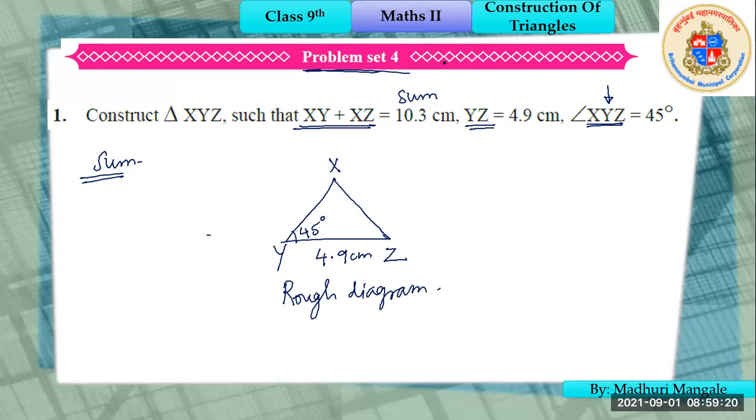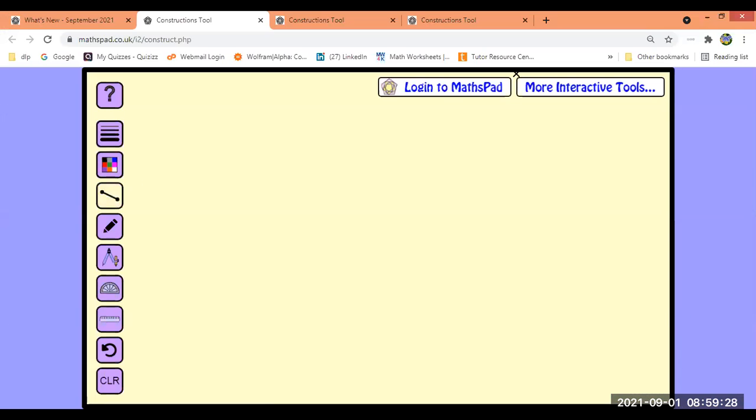So let us move on to do the constructions. Let us do it together, everyone. Be ready with the tools. You need a compass, a ruler, pencil, and protractor, right? Quickly looking back at the rough diagram, it was XYZ with angle Y equals 45 degrees, and the base was 4.9 centimeters.